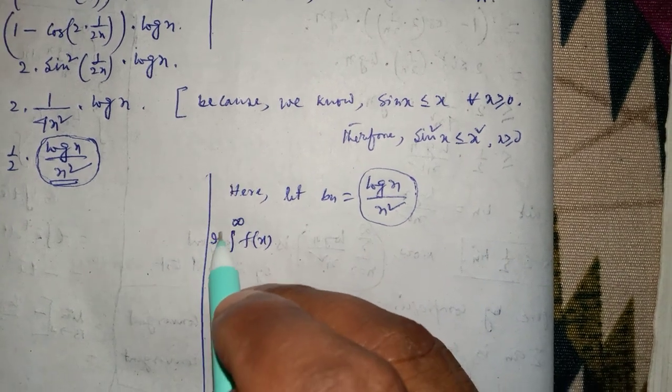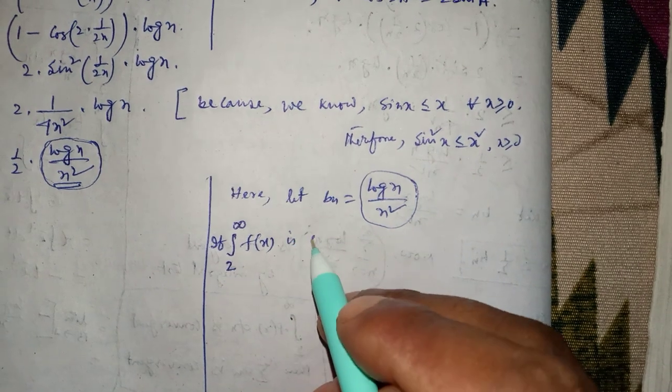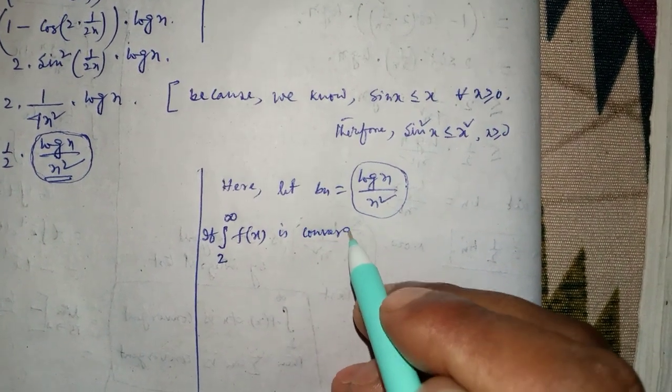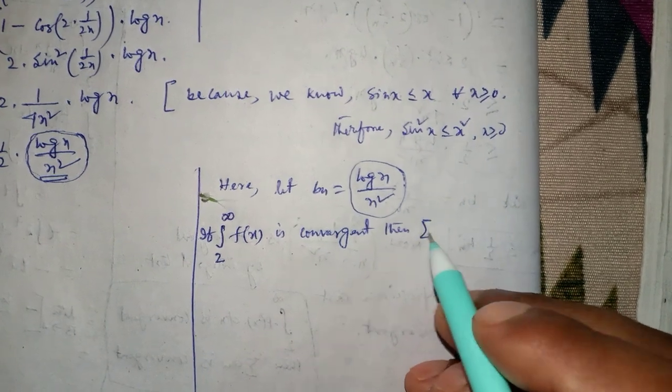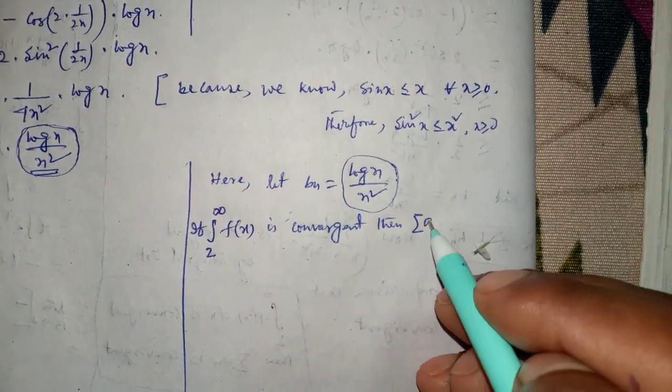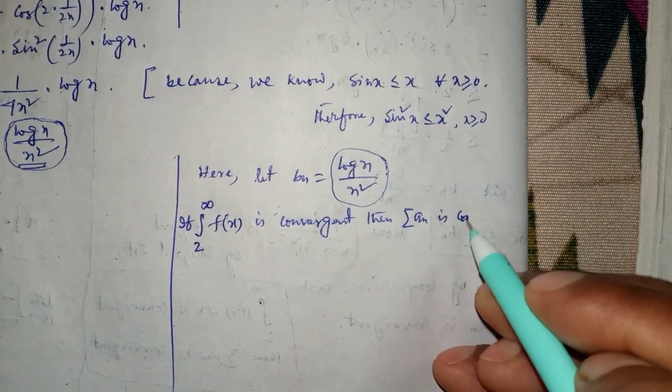If integration 2 to infinity f of x is convergent, then summation an is convergent.